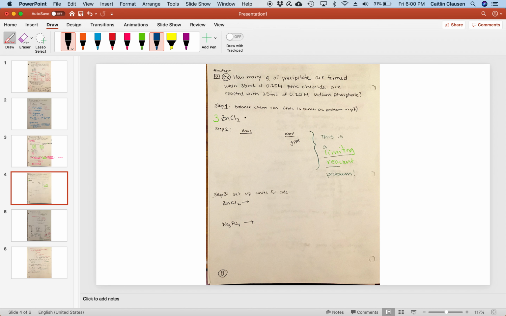Three ZnCl2 plus 2 Na3PO4 goes to Zn3(PO4)2 plus 6 NaCl.